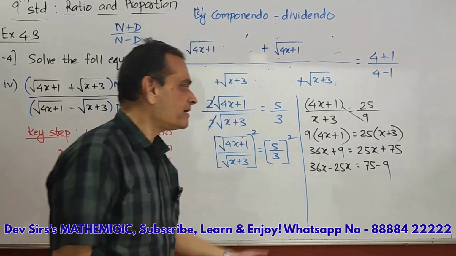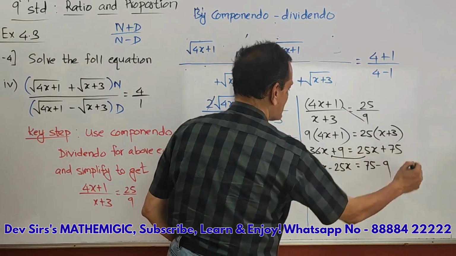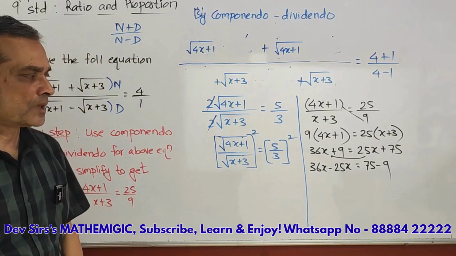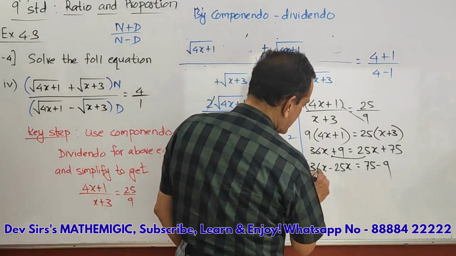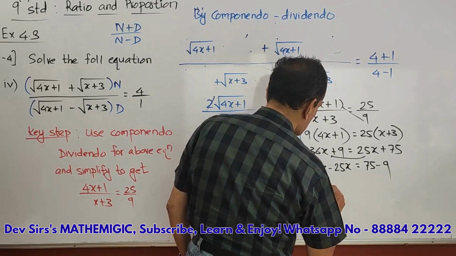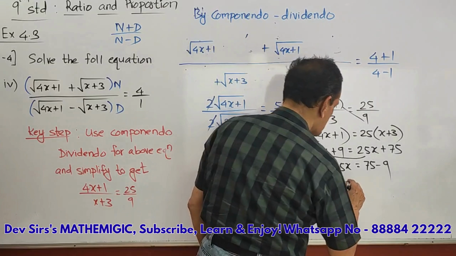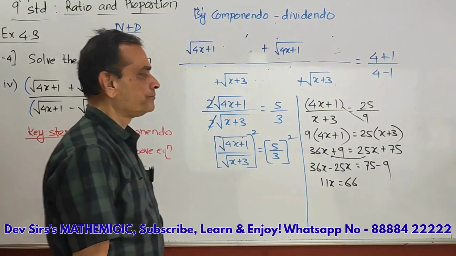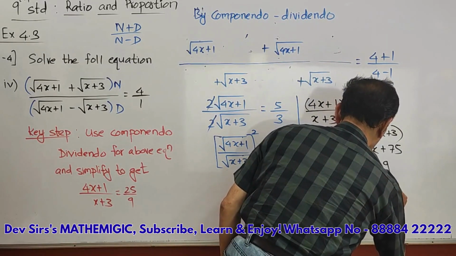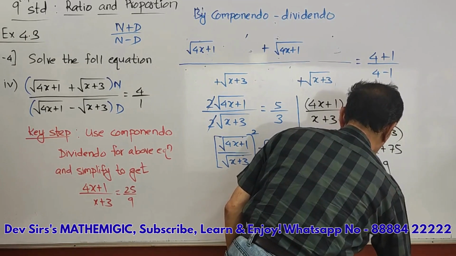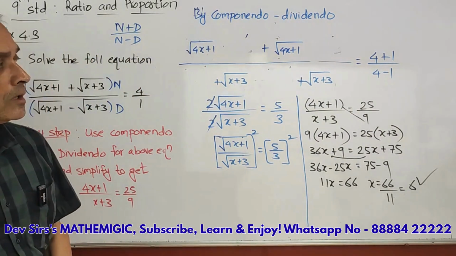Keep the terms of x on the left hand side, constants on the right hand side. So this becomes minus 25x, this becomes minus 9. How much is coming, see now? 36 minus 25, 11x. 75 minus 9, 66. So x is equal to 66 upon 11. x equal to 6 is our final answer.